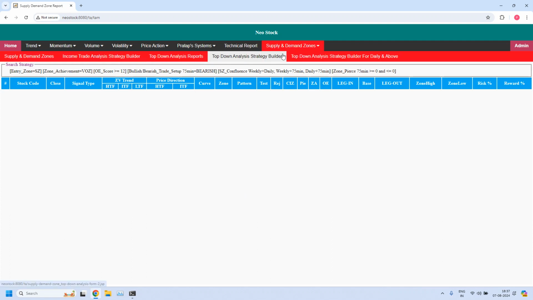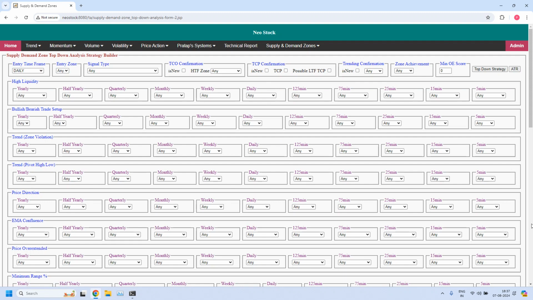Now let us look into bullish and bearish trade setups for daily income trades. First let's start with the bullish trade setup for daily income trade. For daily income trade, the entry time frame is 15 minutes and the entry zone is demand zone for the bullish trade setup, and in the bullish or bearish trade setup parameter in the 15 minutes time frame I am selecting the value bullish.